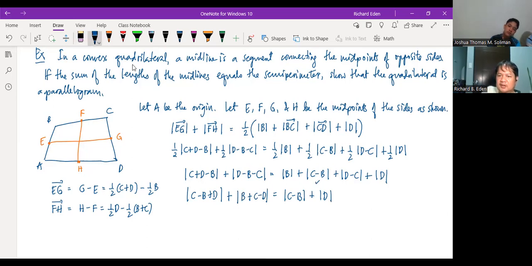So we're done with this and this. So we still have length of B and then length of D minus C. Let me write it down as C minus D.